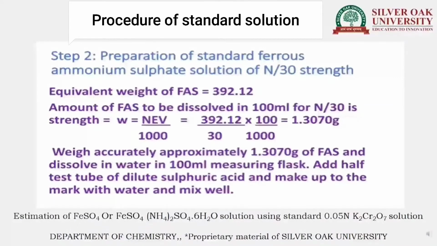Here W is weight, N is normality, E is equivalent weight, V is volume, divided by 1000. And we get weight approximately 1.30 gram of ferrous ammonium sulfate.